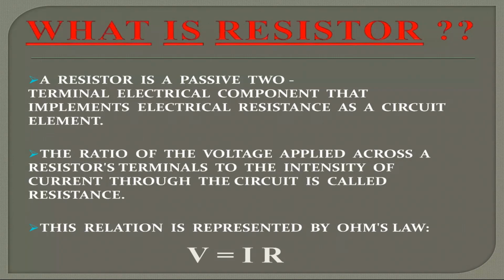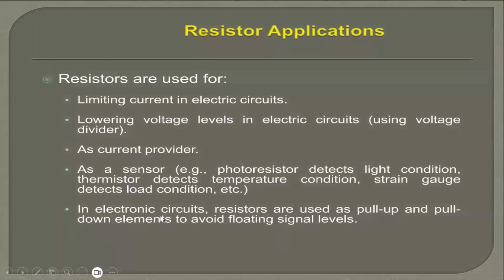So let us know about the applications of resistors for brief knowledge. So what are resistor applications? Resistors are used for limiting current in electric circuits and lowering voltage levels in electric circuits. They are used as a current provider and as a sensor.